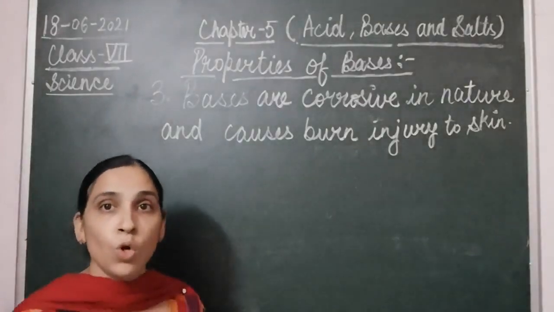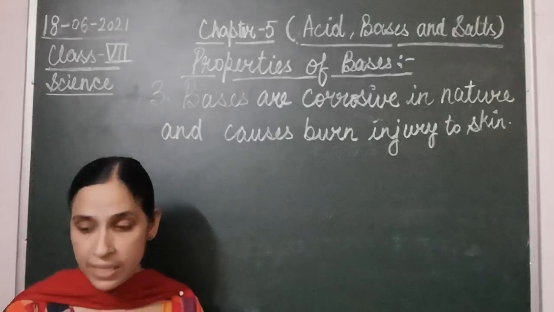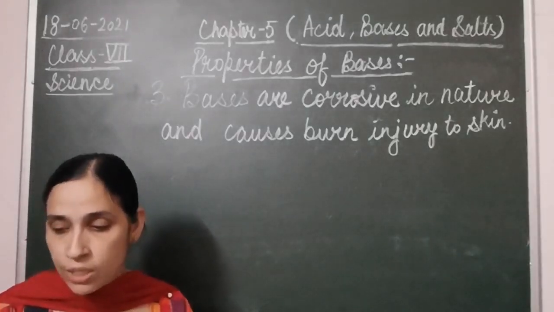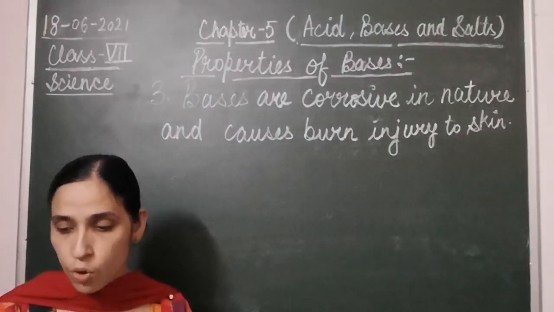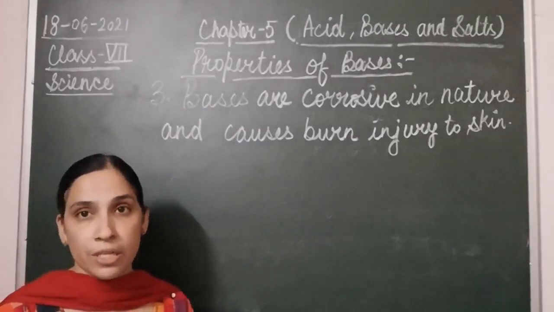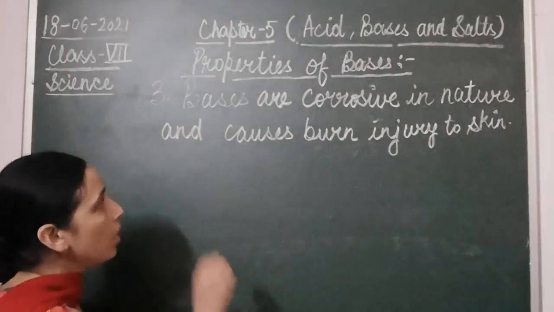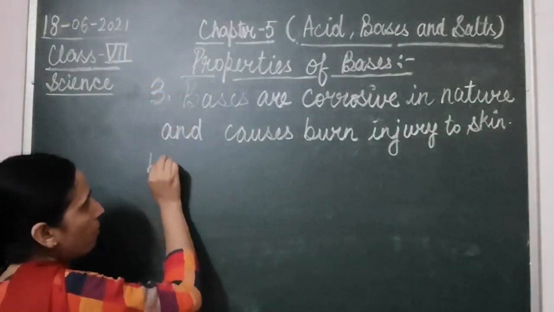Now we'll come to the fourth property. Bases react with acids to form salts, which are neutral substances. The reaction involved is a neutralization reaction. We are going to talk about neutralization later. Neutralization, again an important topic.